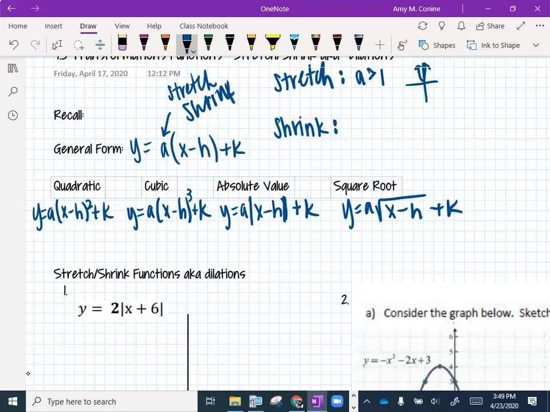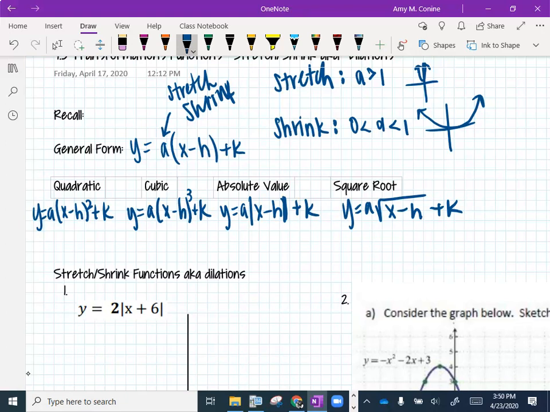For shrink, it's when you have numbers between 0 and 1. What that looks like is you have a very wide U shape, like for a quadratic. That's the example I'm using. It's getting squished towards the x-axis instead of pulling up towards the y-axis.